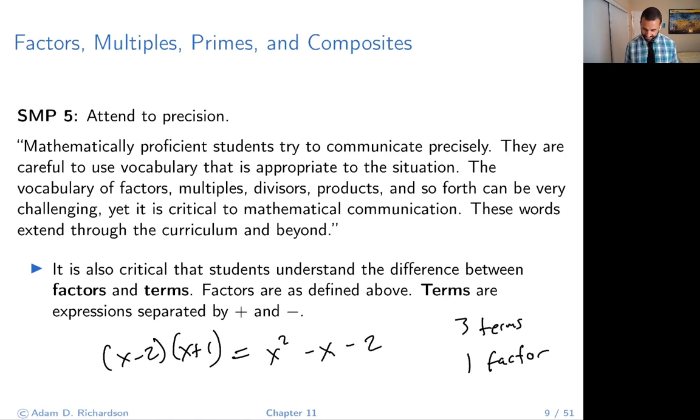Okay, so now that we've done this, this is the really, really cool part. Looking at just the left-hand side here, I'm going to ask the exact same question. How many terms are in this expression, and how many factors? Take a moment and think about it.